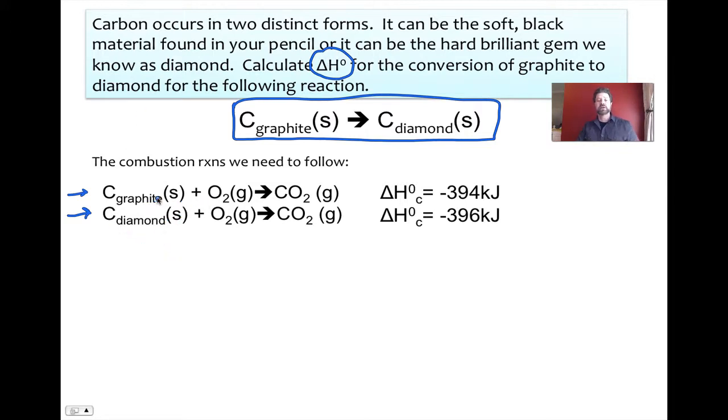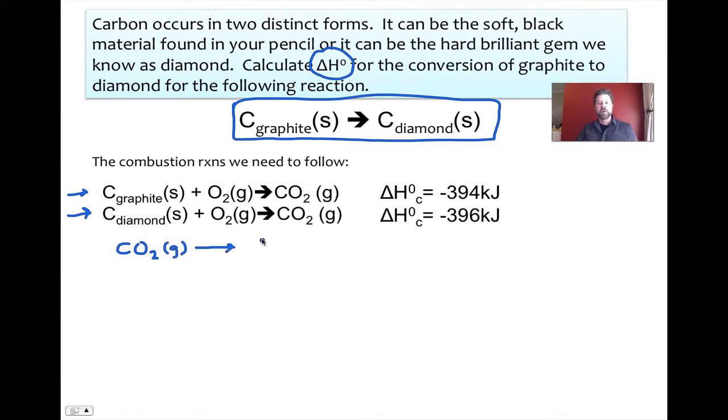So this first equation here, I have graphite as a reactant, and that's good because in the model equation, that's exactly what I see. However, in the second equation, I see diamond as a reactant, and that is not what I need. Instead, I need diamond as a product. So I'm going to flip the second equation around. So instead of having these two things as a reactant, I'm going to have CO2 gas as my new reactant.